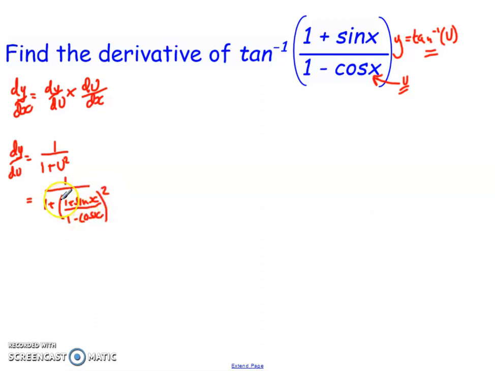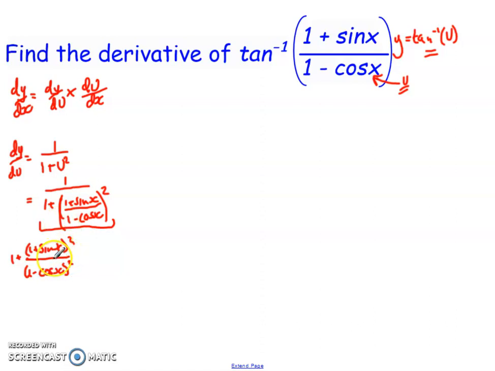all squared. Now that looks like a fun fraction to work with, so I'm going to try and simplify this before I move on. If I focus on the bottom, this is the equivalent of splitting it off and doing a square bracket on each bit. So I'll just focus on this part now. I've got 1 plus (1 plus sin x) all squared over (1 minus cos x) all squared.